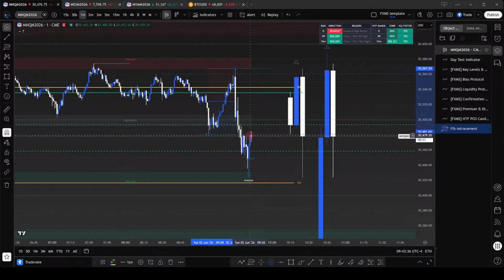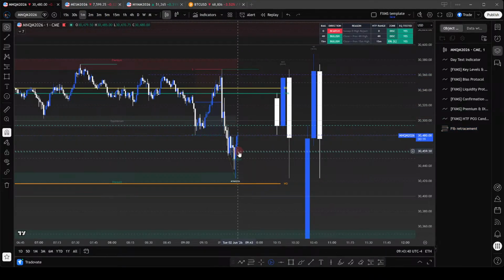So let's see if we get a closure underneath 480. We just got this push though, so I don't feel like that's the end of it. I think we're going to keep pushing higher.